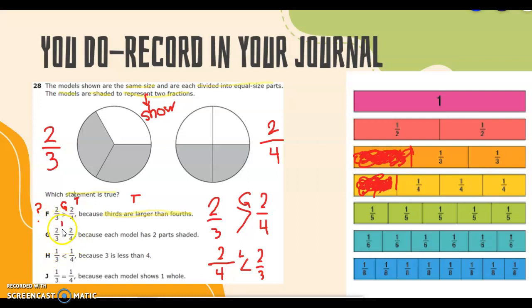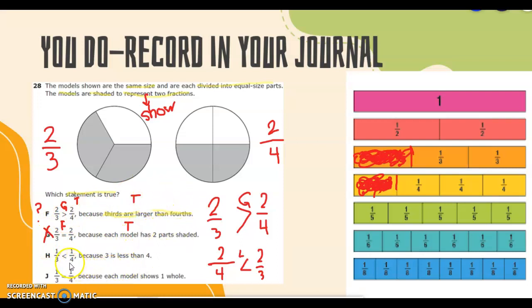Well, I know this is false because they are not the same. They do not have the same amount shaded because each model has two shaded parts. Well, that part is true. They do have two parts shaded. However, they are not equal to one another. So G is false. Remember, I have to have two true statements in order for the entire answer choice to be true.